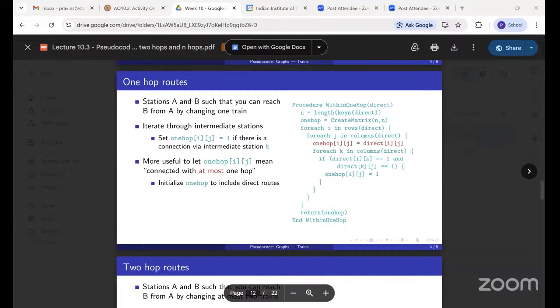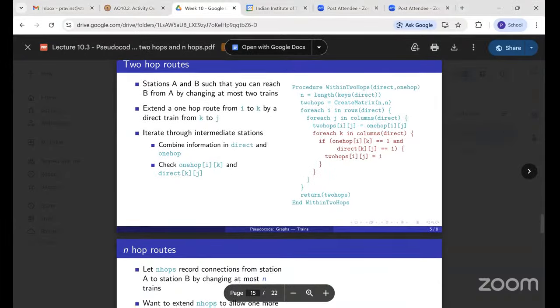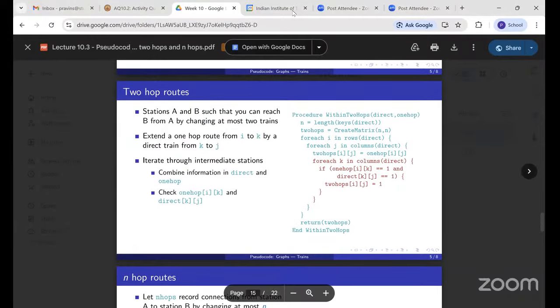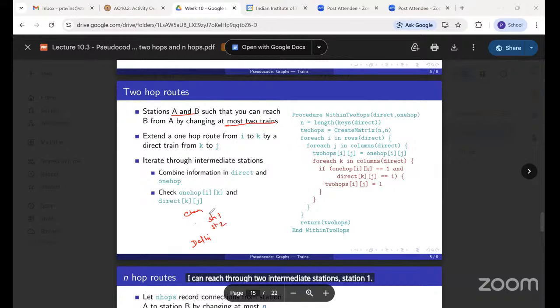So two hop routes means what? We'll be reaching station A to B by changing two stations. That means if I want to reach Chennai to Delhi, I can reach through two intermediate stations, station 1 and station 2.